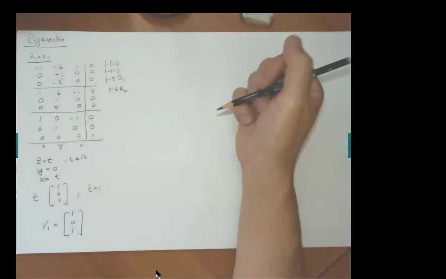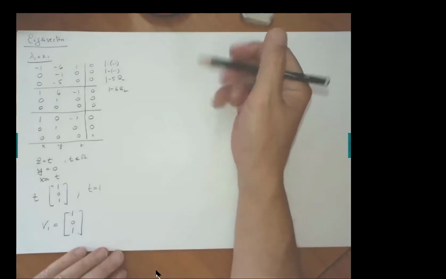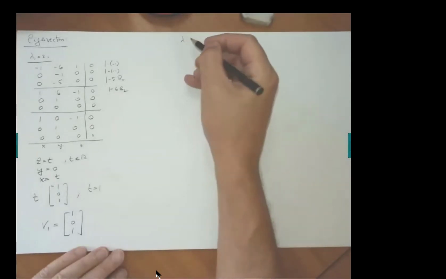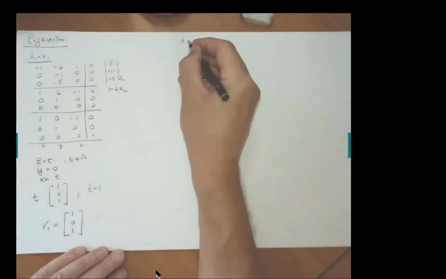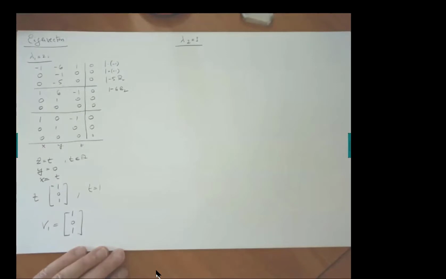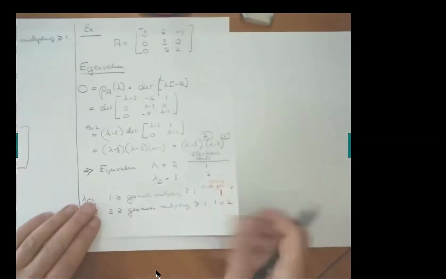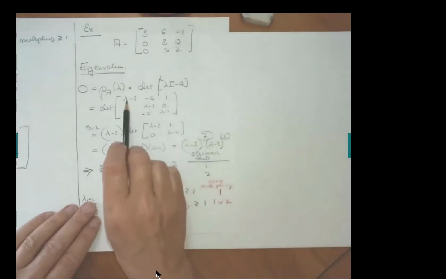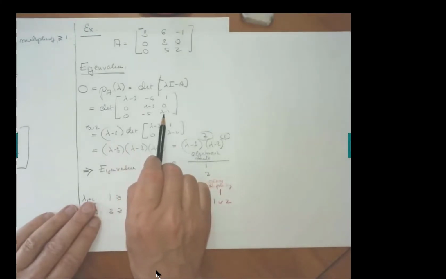Okay, now we go to the second eigenvalue, which was, what was it again? 3. So lambda 2 equal to 3 had algebraic multiplicity 2. So again, I take this matrix, instead of lambda, I put a 3.